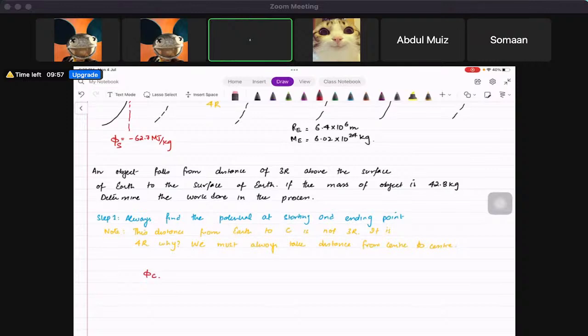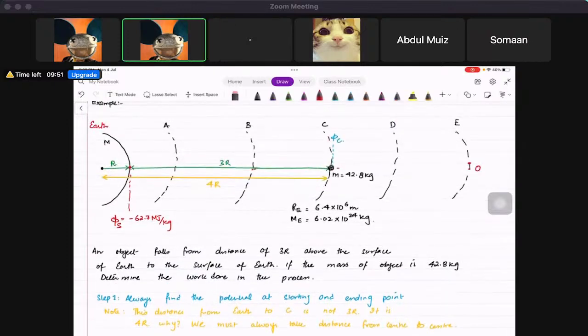I'm sorry for interrupting, but can you explain the 4R part? Yes. So basically, the distance that they have told you in the question is that the object falls 3r above the surface of Earth. Do you understand what I'm saying? In fact, the real thing is that it's not about the object falling from 3r.